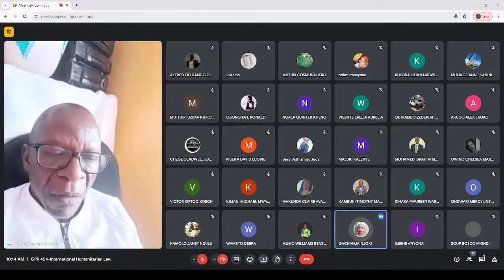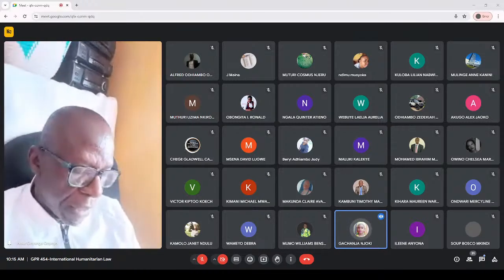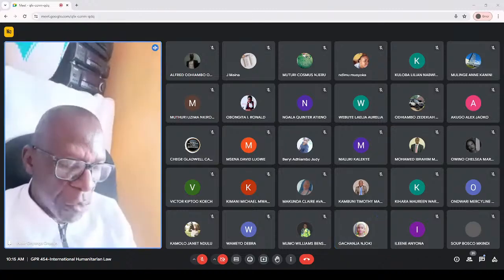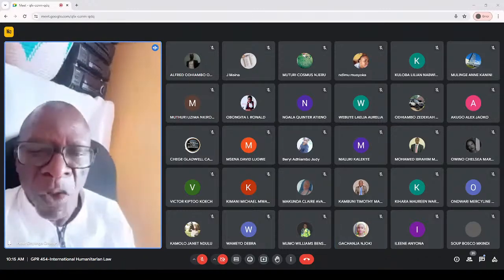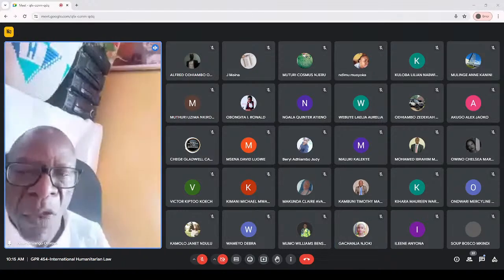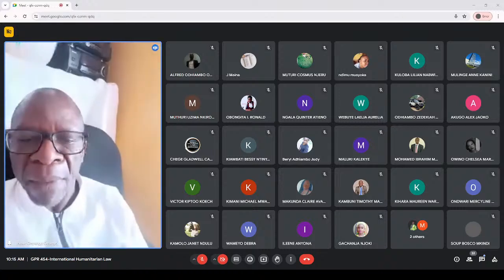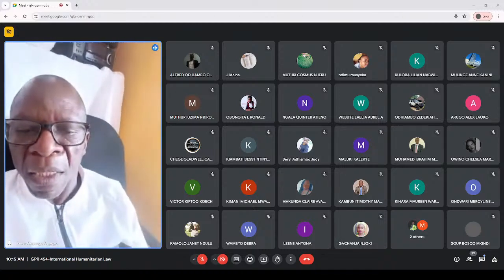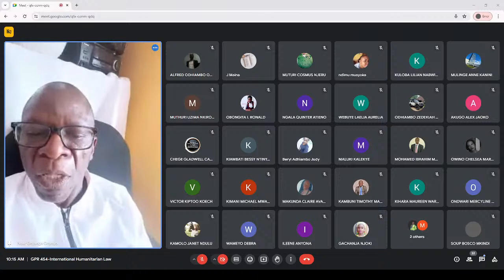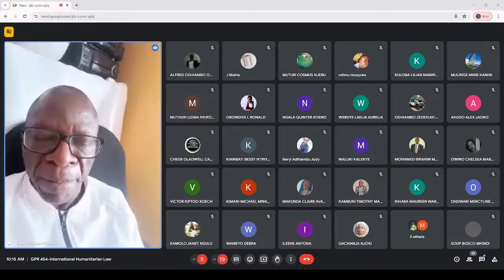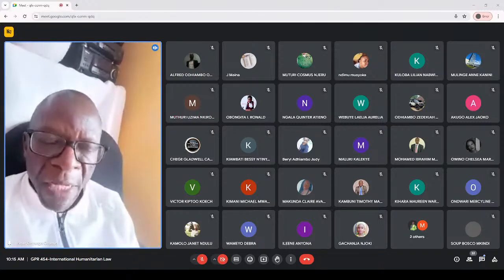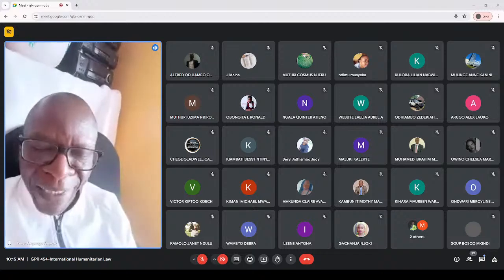Or is that a protected area? For as long as the Al-Shabaab is there, they are guaranteed protection. That is why we talk of Additional Protocol 3 on the use of emblems. Emblems are protected by law, and their presence means that it is a protected area.